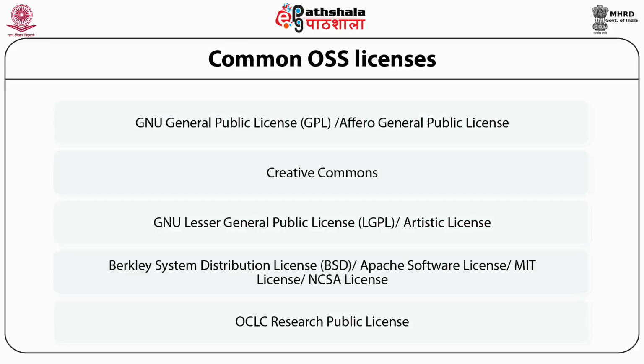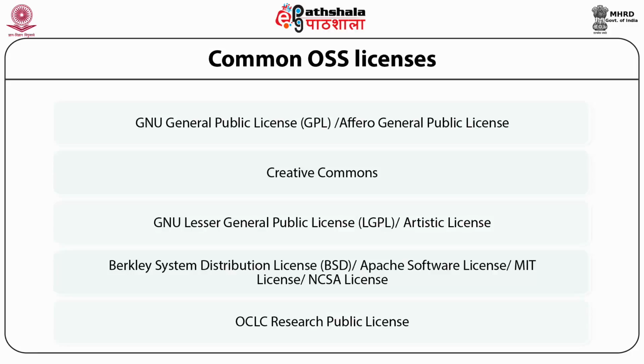Now let us see if there is any license requirement. The licenses are generally spelled out for public interest, and the GNU General Public License, GPL, is one of the very popular licenses in open source software. If you have content created like a picture or photograph, Creative Commons is also a license standard which you can use.